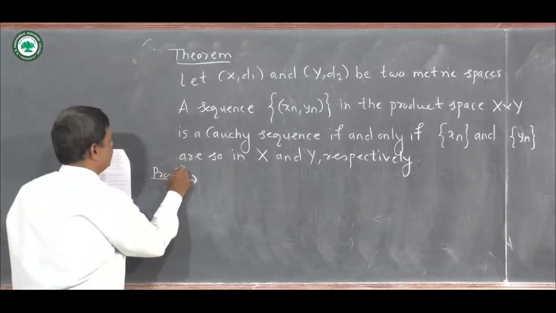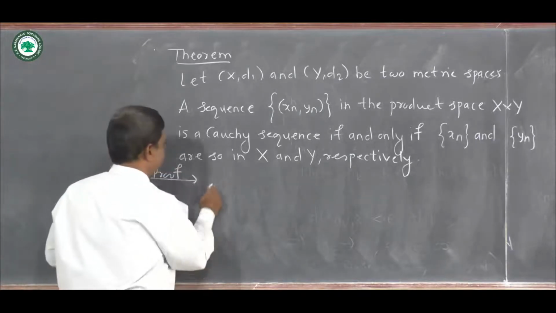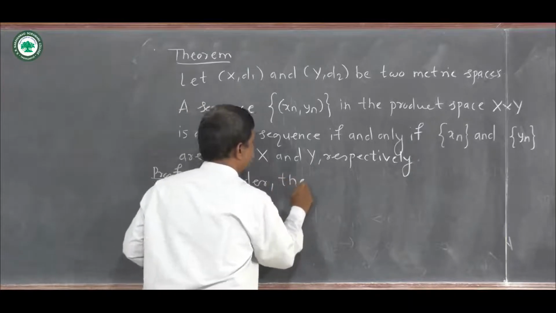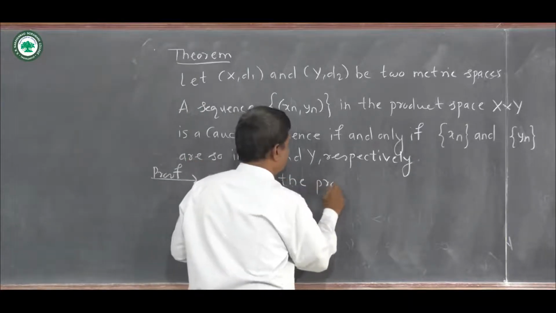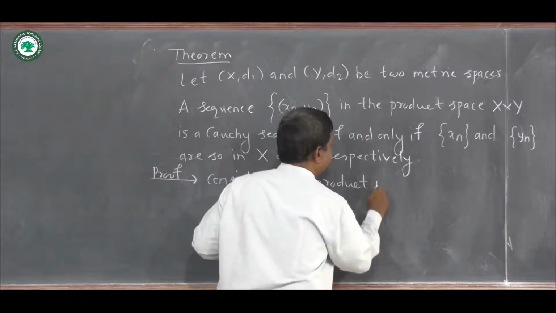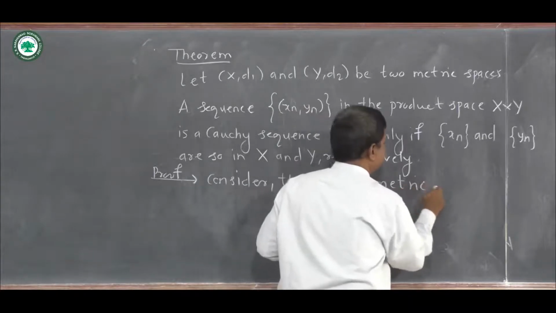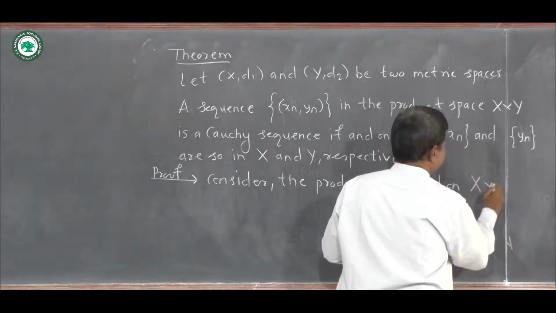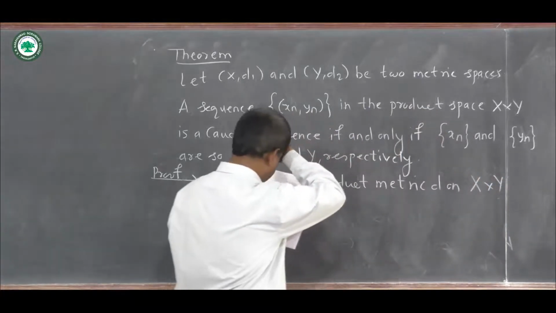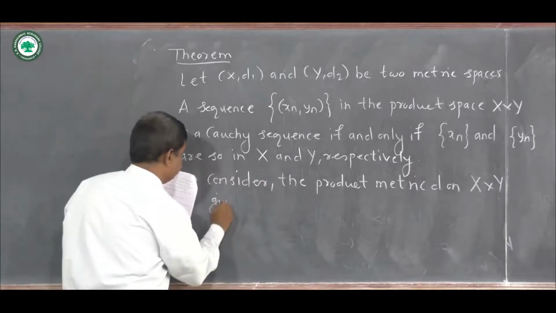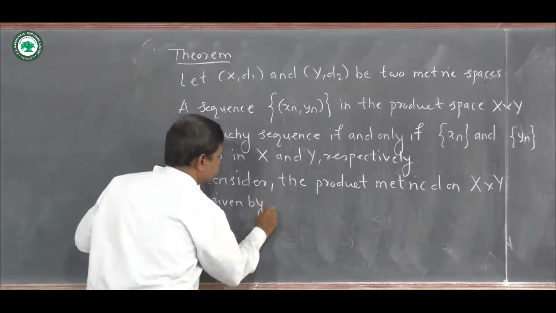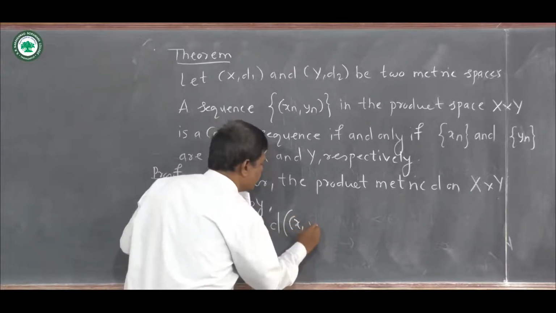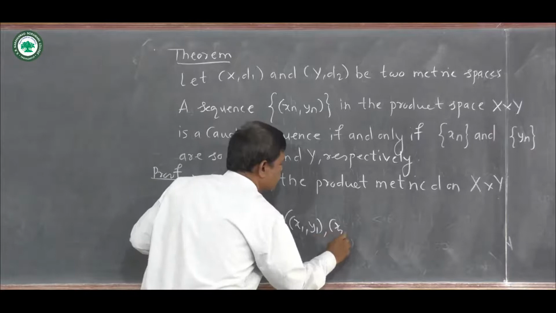Proof of this theorem: consider the product metric D on X cross Y. Now this is given by D of (x1, y1), (x2, y2).